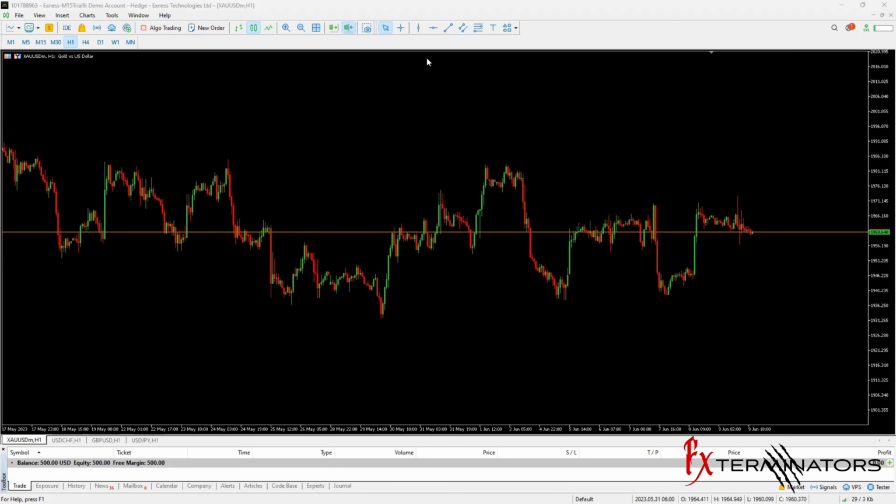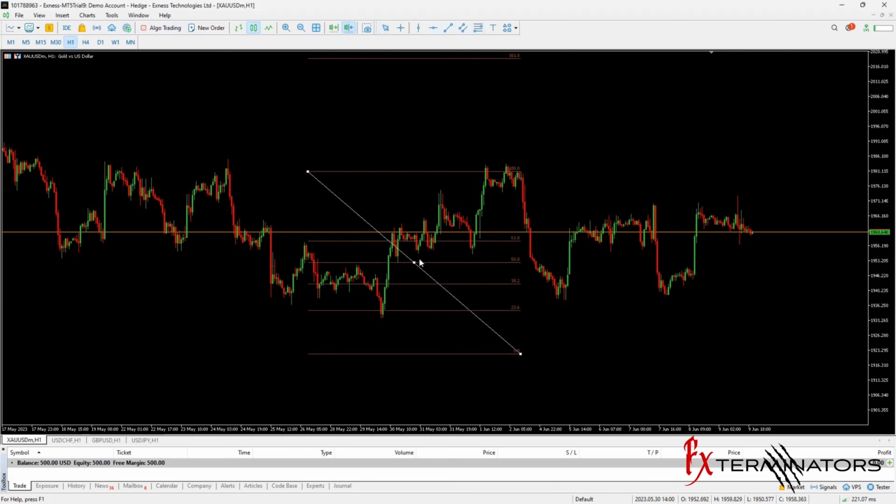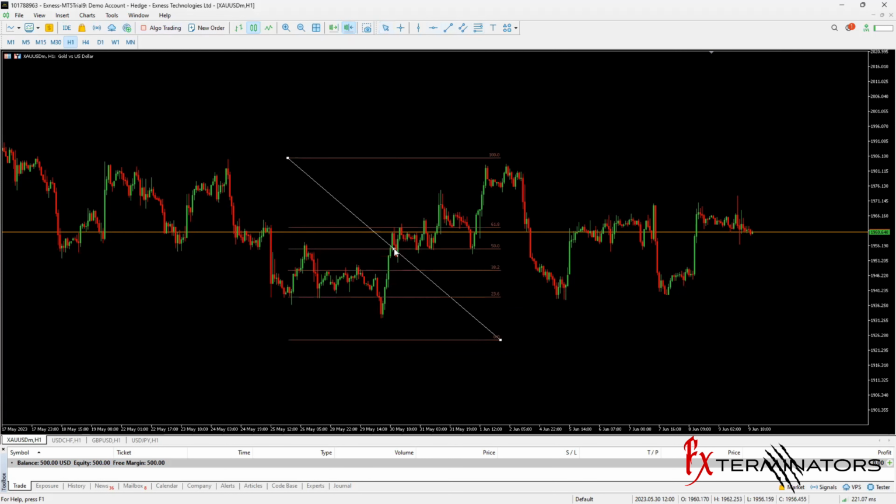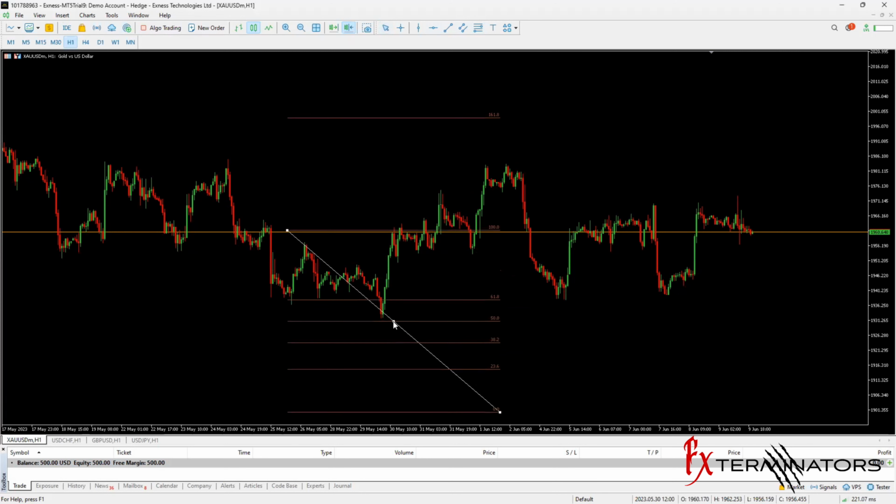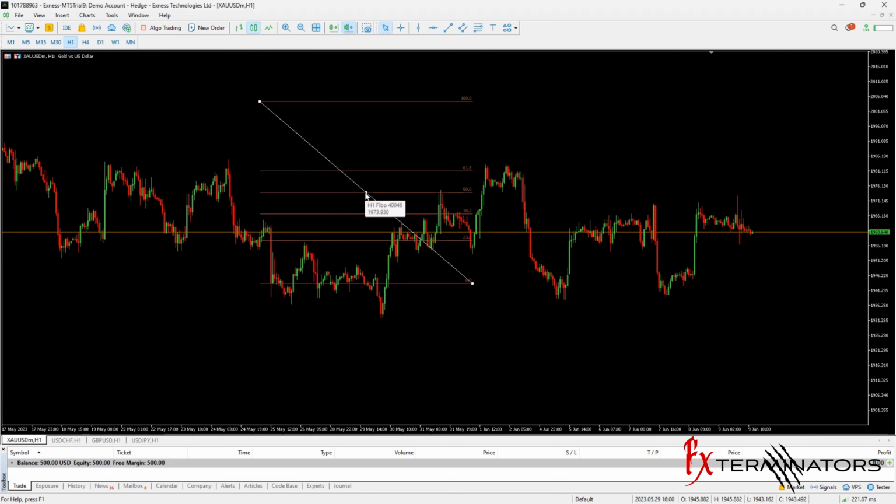I want to start by setting up the Fibonacci, because that's the whole tool we're going to be making use of. Yours can come as a default in this way. This is my own default setting of the Fibonacci, and I'm just going to make some little adjustments.